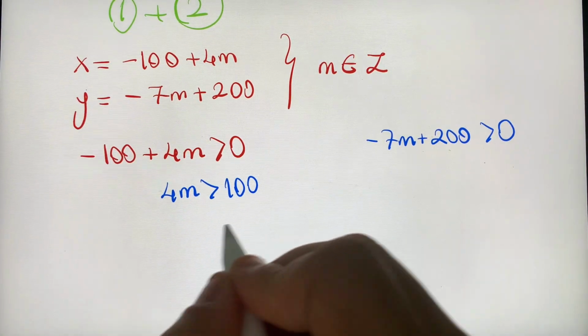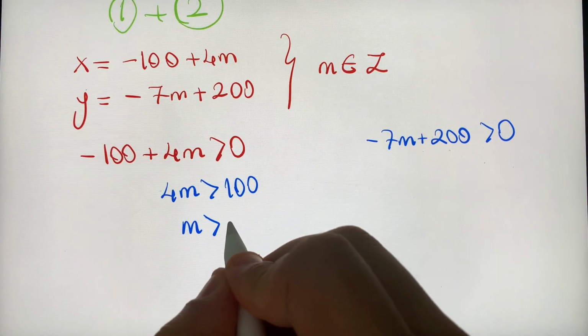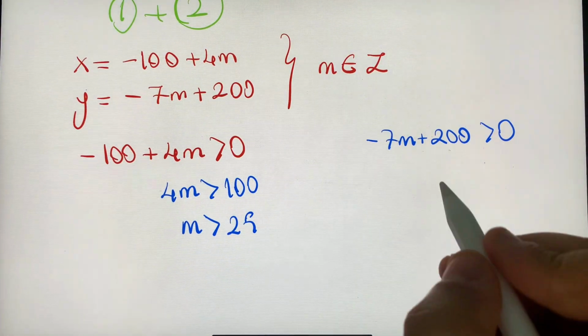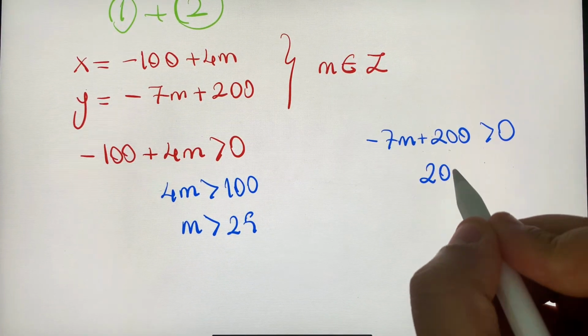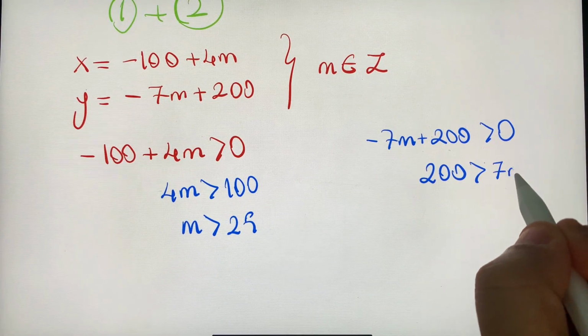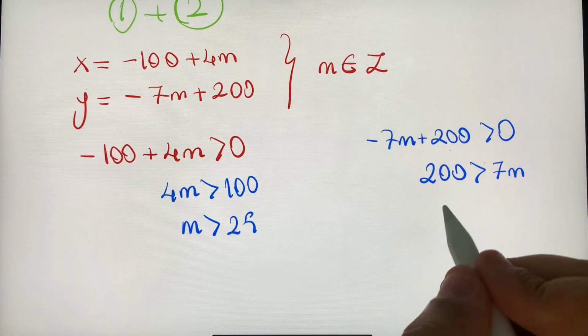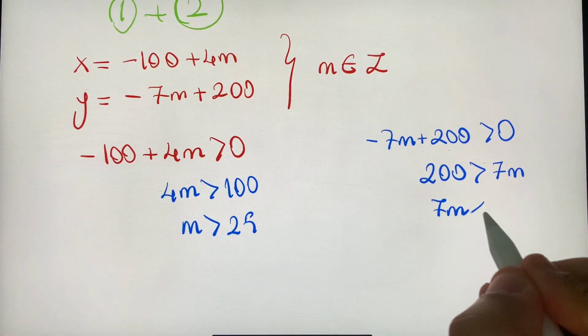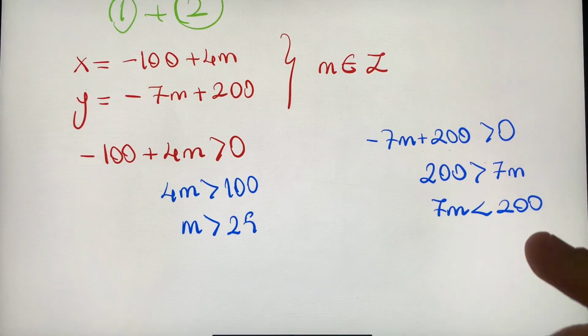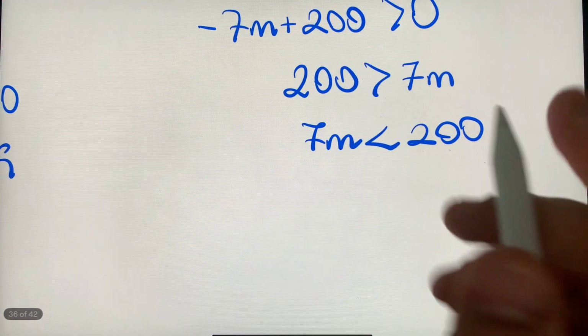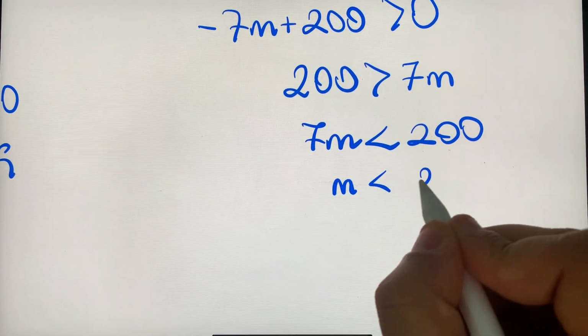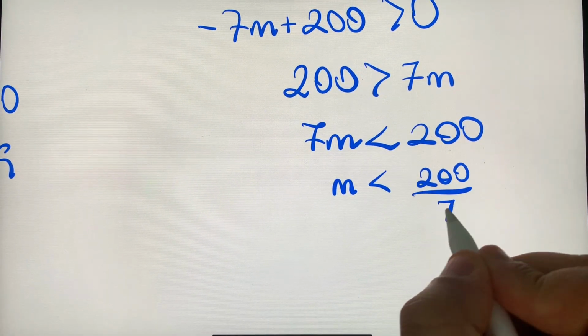If I divide both sides by 4, m is bigger than 25. In this one, 200 is bigger than 7 times m, or 7 times m is smaller than 200. Let's divide both sides by 7. m is smaller than 200 divided by 7.